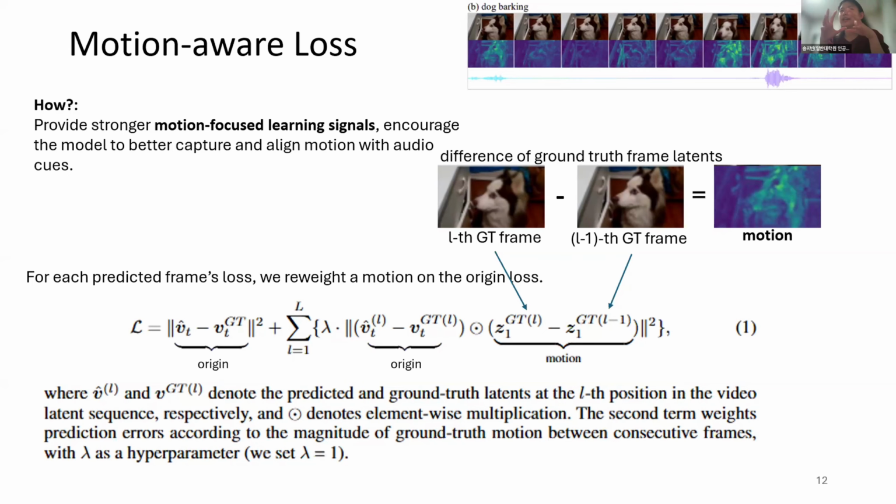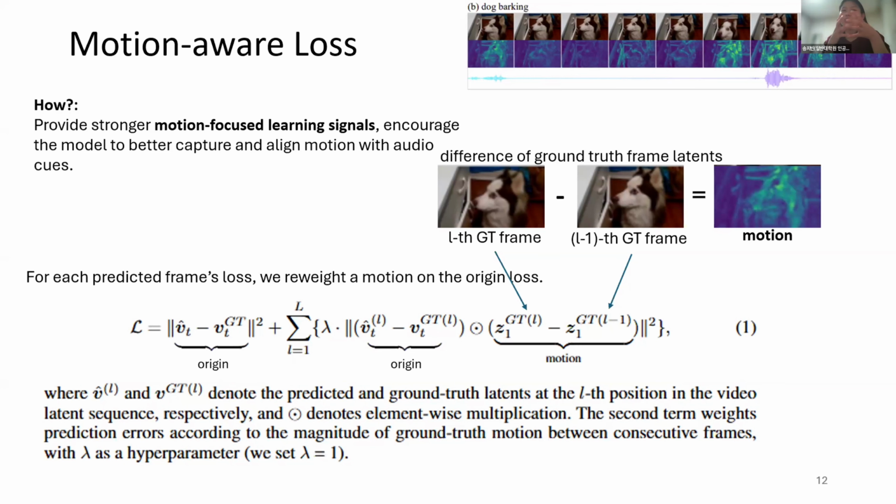So if the model concentrates on the motion and learns what this motion is caused by, if the motion is caused by audio, then the model tries to relate the motion and audio.